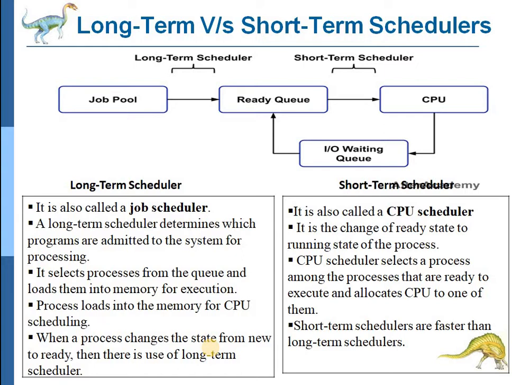Next is the short-term scheduler. It is also called the CPU scheduler because processes from the ready queue are loaded into the CPU for execution. The CPU scheduler selects among the processes that are ready to execute and allocates the CPU to one of them.